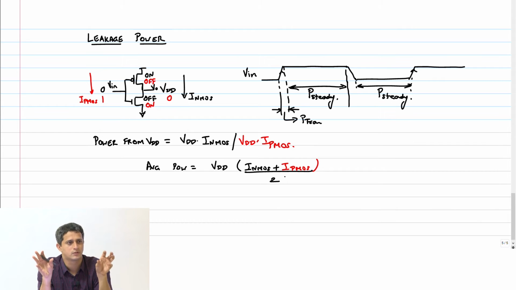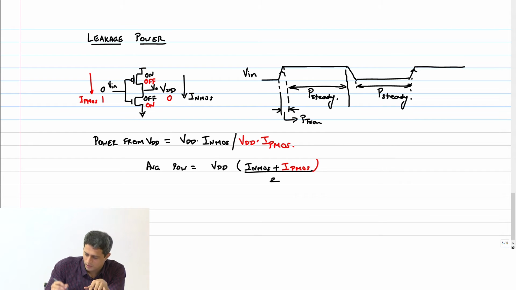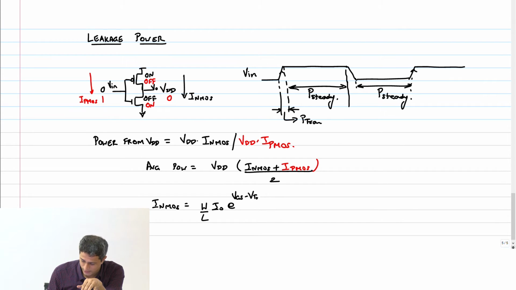And you must keep this in mind always. Okay, so now the question is, what is this equation, by the way, I NMOS and PMOS? It's going to be some W by L I naught e power (VGS minus VTN) by N phi t into (1 minus e power minus VDS by phi t).